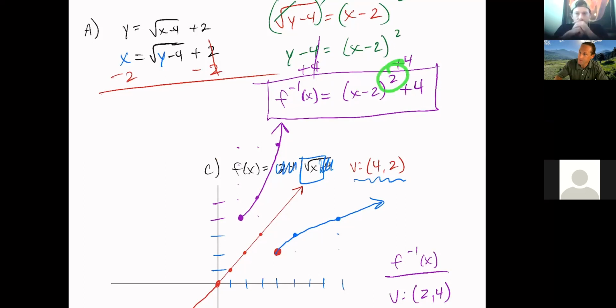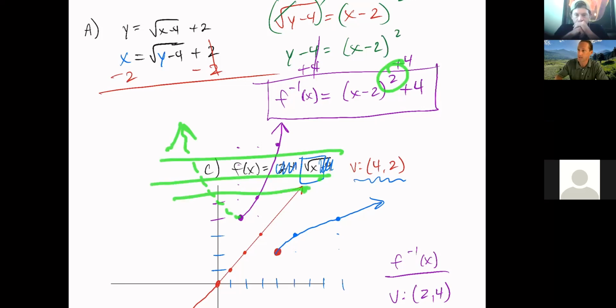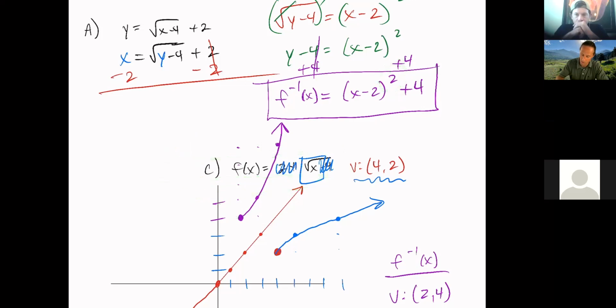This would have this other side. But remember, because we're dealing with inverses, we said it has to pass not only the vertical, but also the horizontal line test, which is why we only have half of this parabola and not the other.